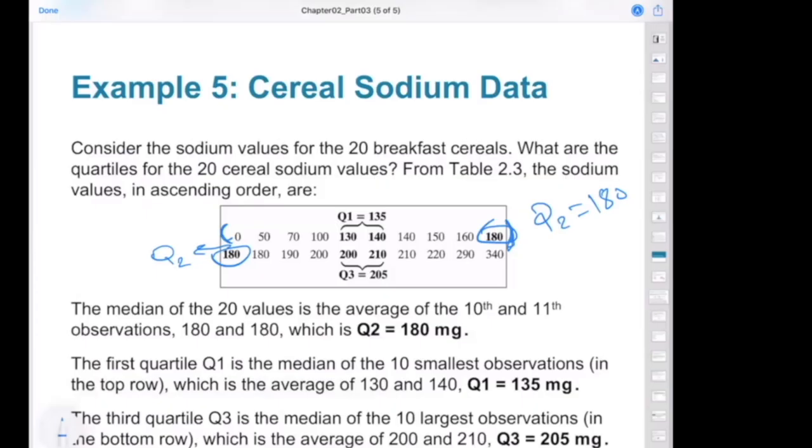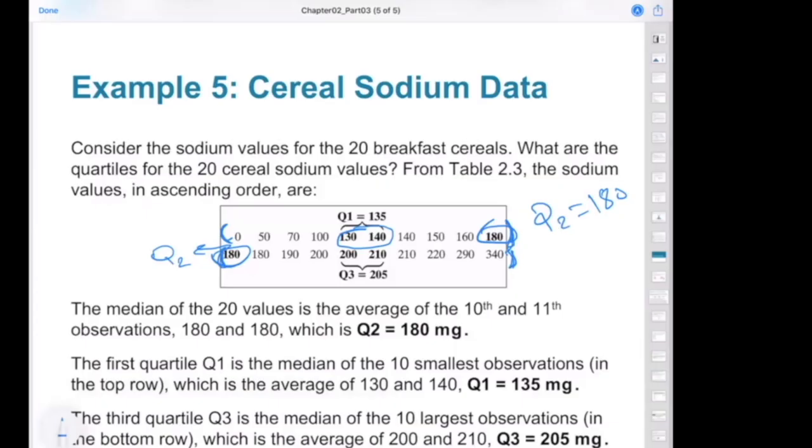And from 180 to 340, this is the second half higher than the median. Okay, so now you have two separate data sets. For the first data set, find the median. Of course, you have 10 numbers now. It's an even number, so you have two numbers in the middle. These two numbers are 130 and 140. Find the average of them. So this is the first quartile, 135.